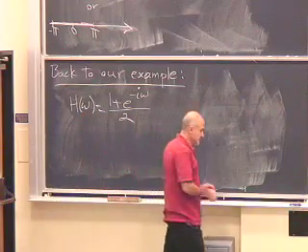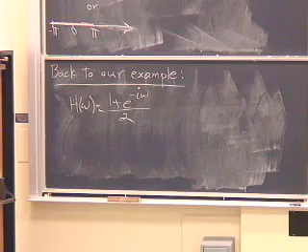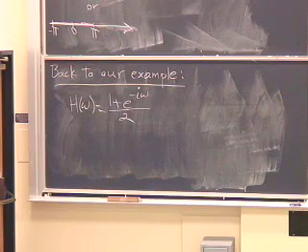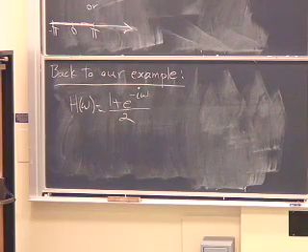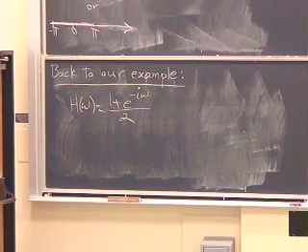Now, before we plunge into doing any kind of mathematics, I want you to think about what kind of a filter this is. We have different types of filters. We have low-pass filters.